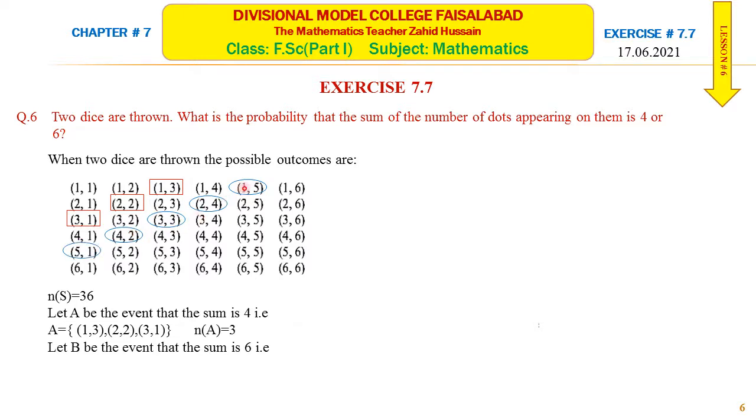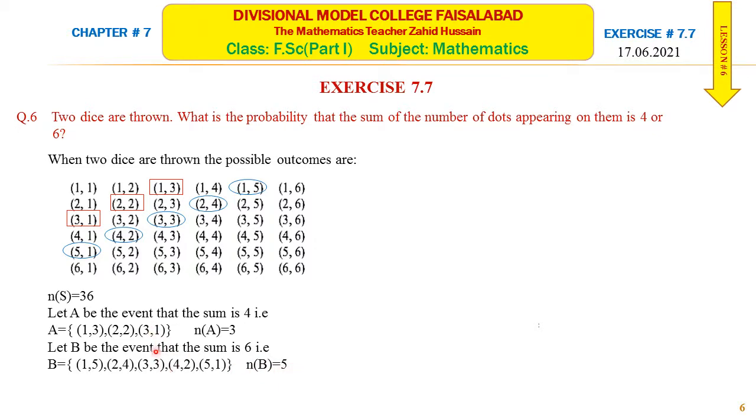So these are the 5 outcomes in which when you add the two numbers you will get 6. So the elements of event B are 1 5, 2 4, 3 3, 4 2, and 5 1. They are 5 in number. So the number of elements of event B is 5.